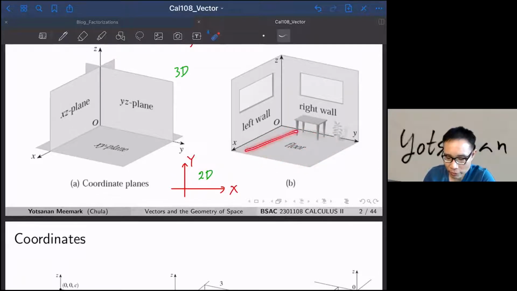So you have the floor as your xy plane, and if I say on the floor, it's on your xy coordinate, and the value of the function lives on the z-axis. And the xz and yz planes are going to be the left wall and the right wall respectively.